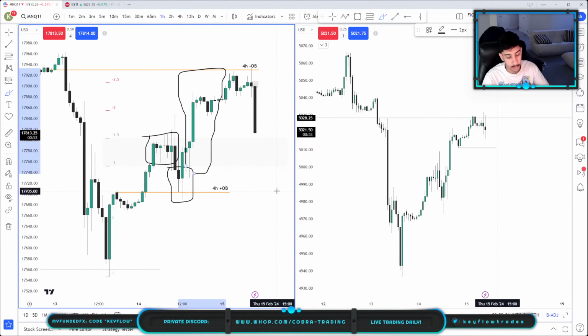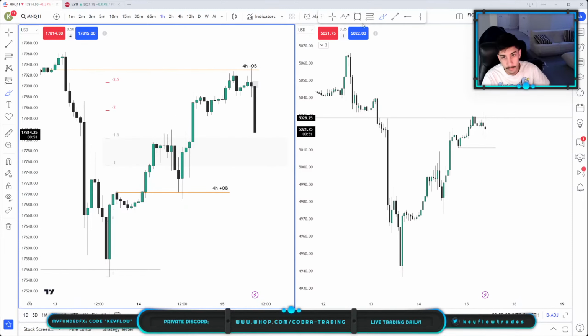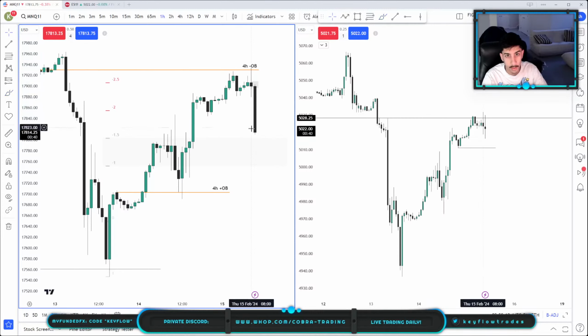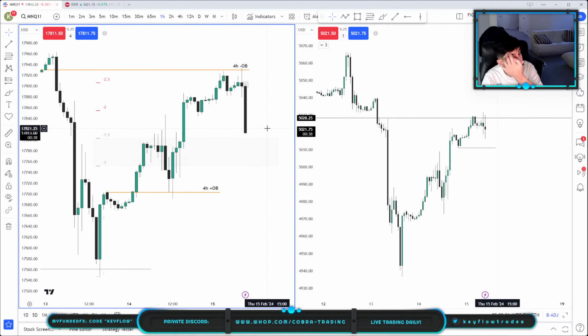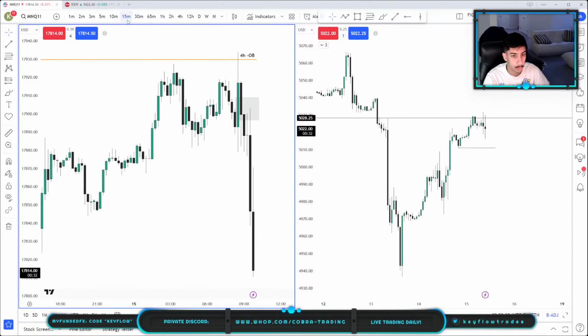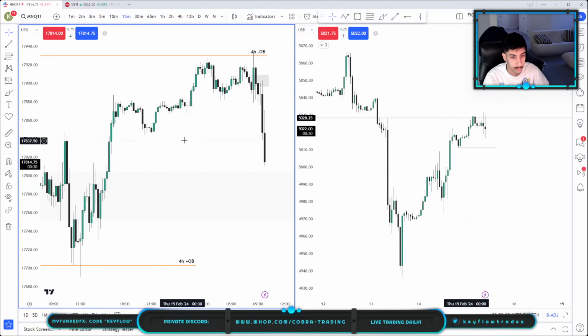Something like that would be nice, where we see accumulation, manipulation, and then distribution. On the hourly there really isn't much. On the 30-minute we have an order block, and the 15-minute is also an order block.